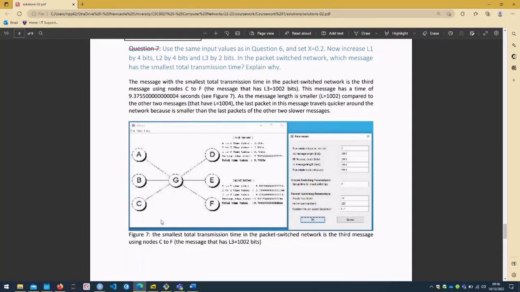So if I remember correctly, in this case, yeah, the third message, which has the smallest size, is the one that's quicker to arrive, but by a small time difference, because the message is smaller, essentially has a smaller transmission time.